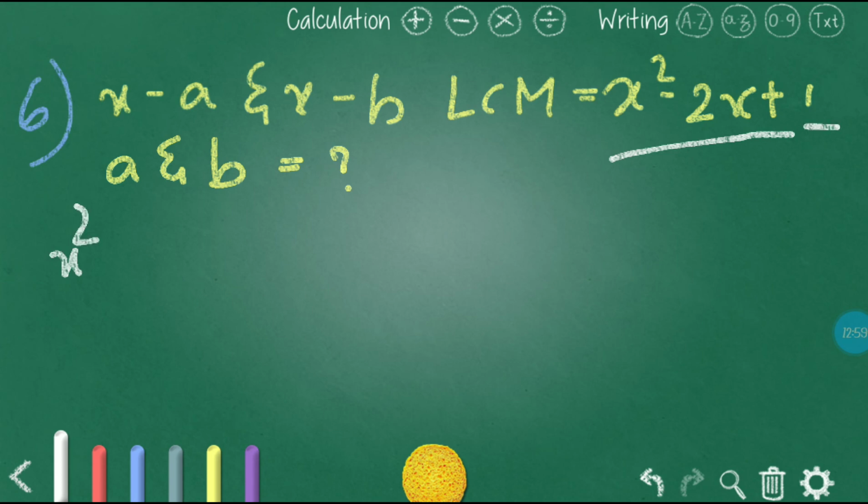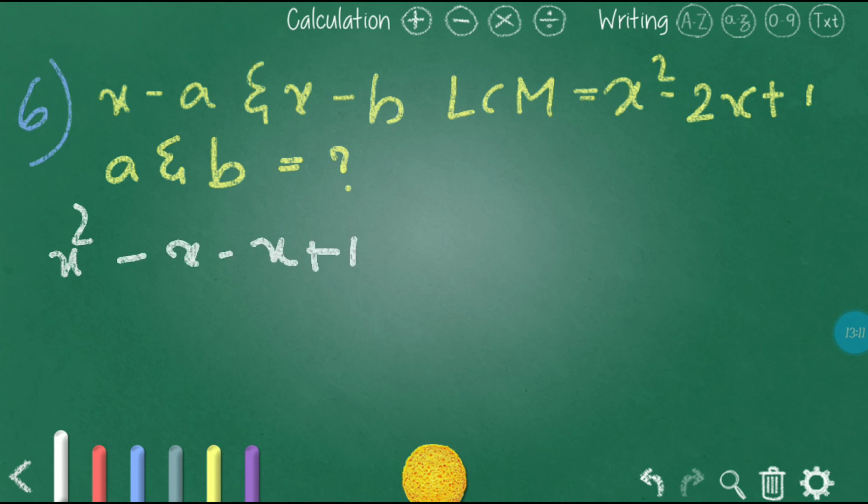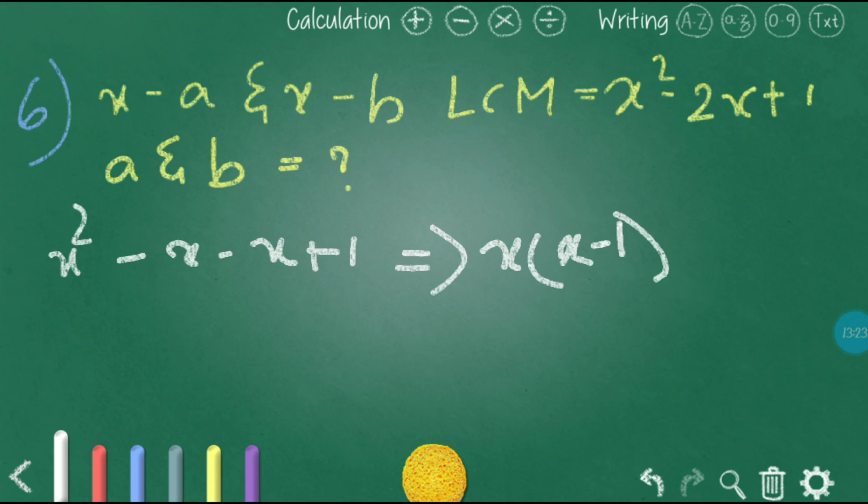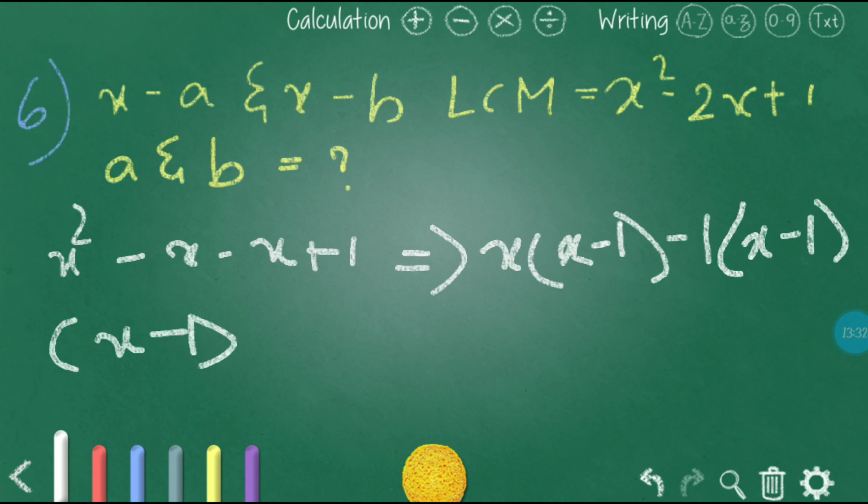So x square, so 1 into 1 is obviously 1 because this coefficient into this one we will be getting the factorizing part. So it will be x square minus x plus 1, right? Then afterwards you have to make common here. In these two common is x, right? So we will take x into x minus 1 minus 1, here common is minus 1 into x minus 1.